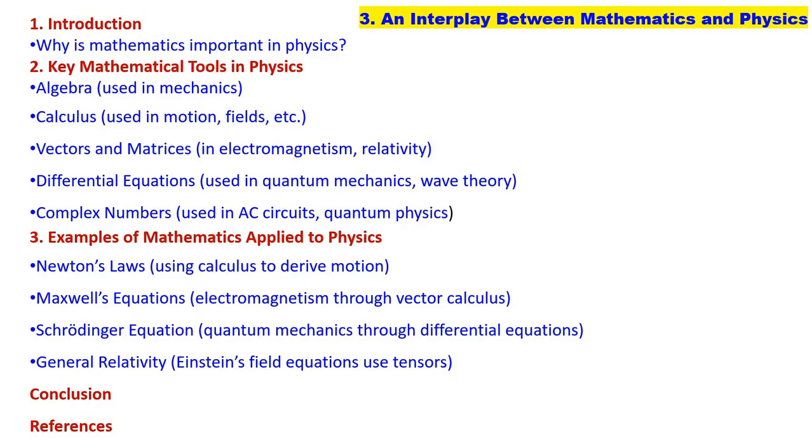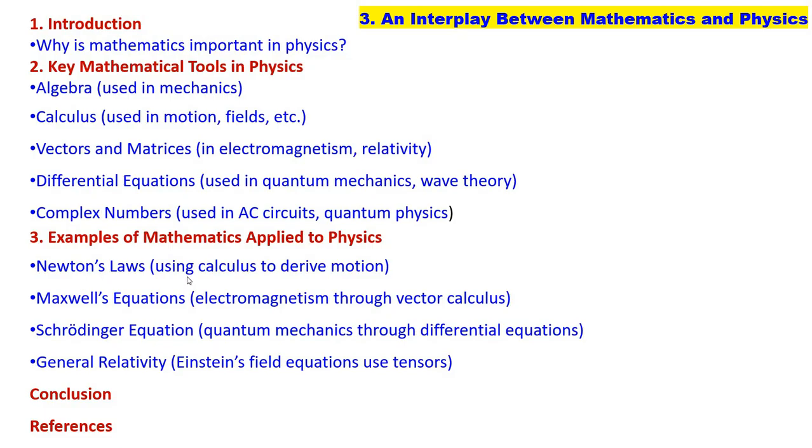Here in the main chapter, what the key mathematical tools in physics are and how they are used can be mentioned. And particular examples can be quoted in the next chapter.